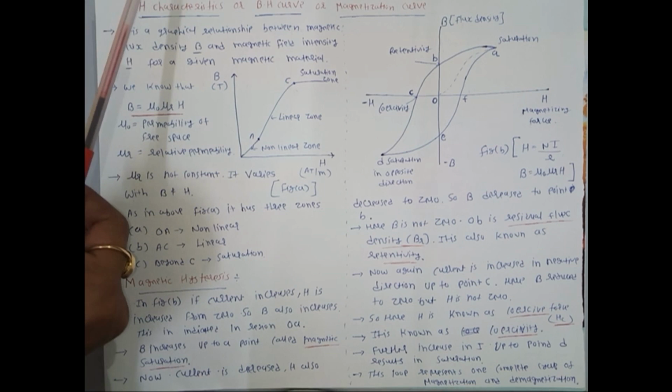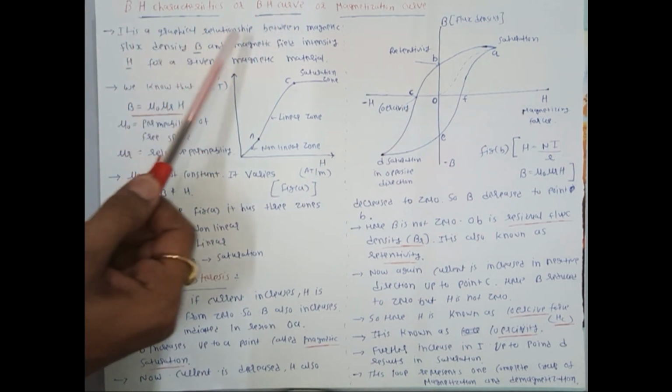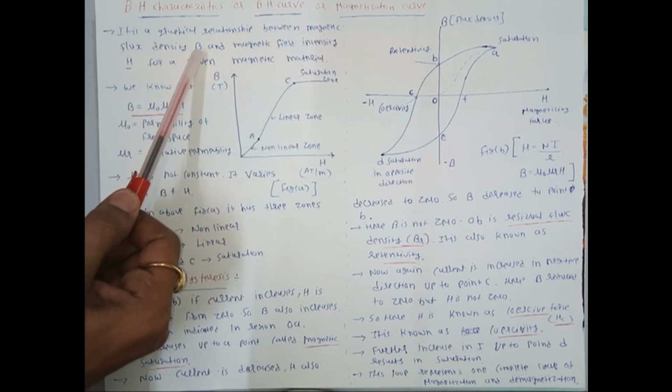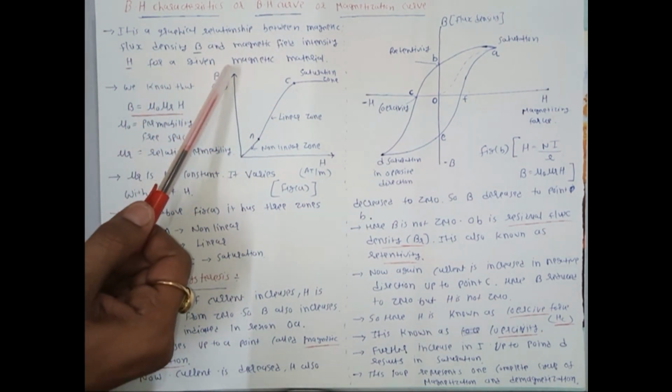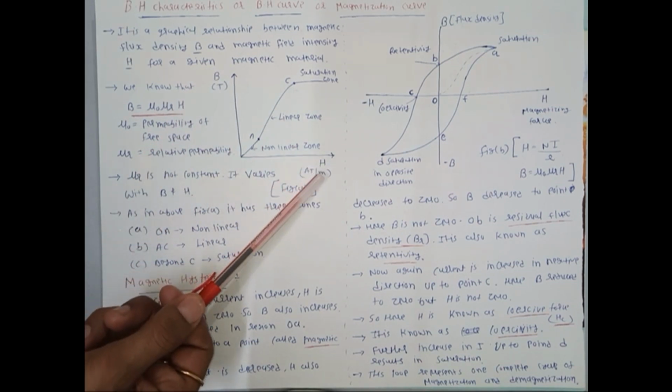So what is the BH characteristic or BH curve? It is a graphical relationship between magnetic flux density B and magnetic field intensity H. Here I have drawn the curve between B and H for a magnetic material.